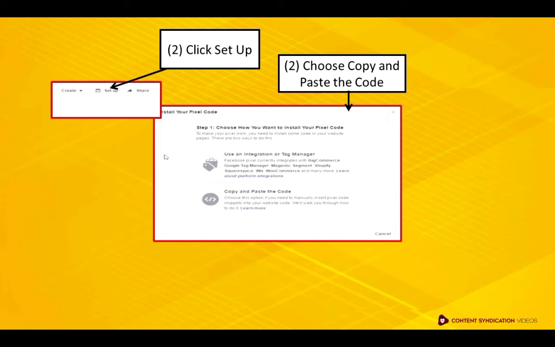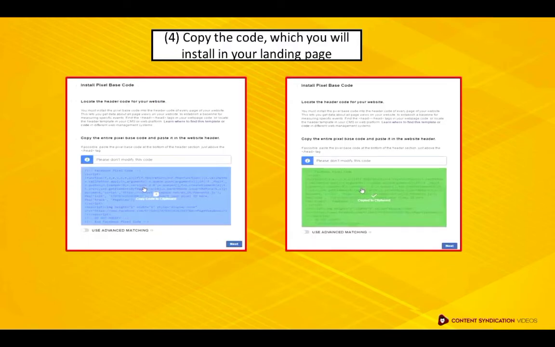Then a pop-up will appear where it states Install your Pixel code. There will be two options, which is Use an Integration or Tag Manager, and Copy and Paste the code. You will then click on Copy and Paste the code. After that, you will see Install Pixel Base Code, where there will be a code ready for your use. All you need to do is click on the code and it'll be automatically copied.